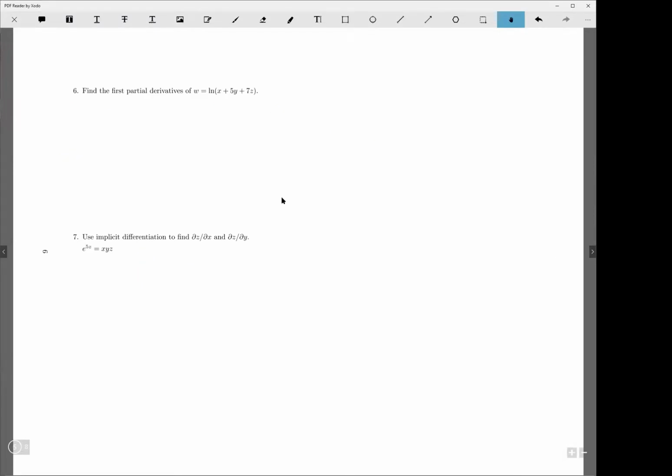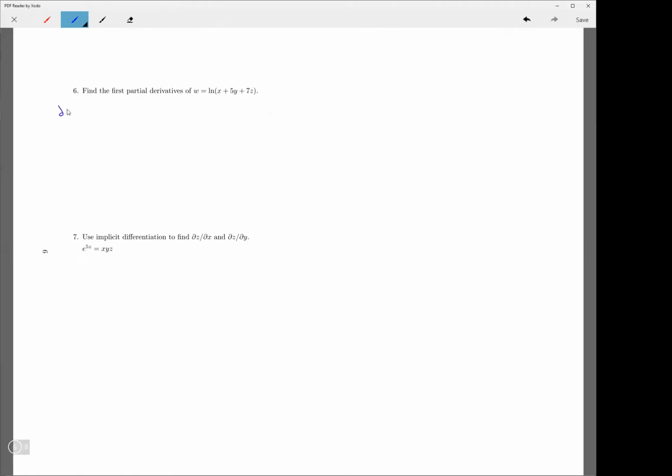Number 6, we're supposed to find the first partial derivatives of this guy. w equals the natural log of x plus y. Let's see, so now here, this is where the other notation comes into play, because w is kind of on the same level as x, y, and z. x, y, z, w, maybe is the next one.